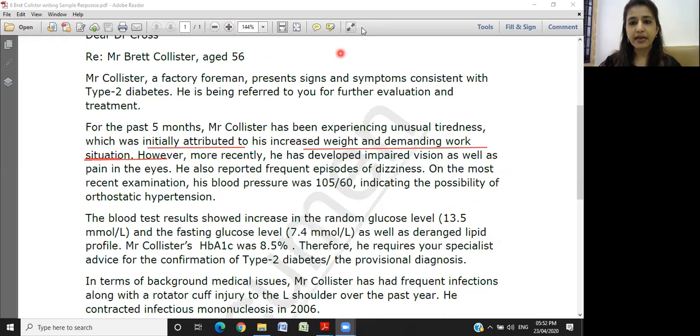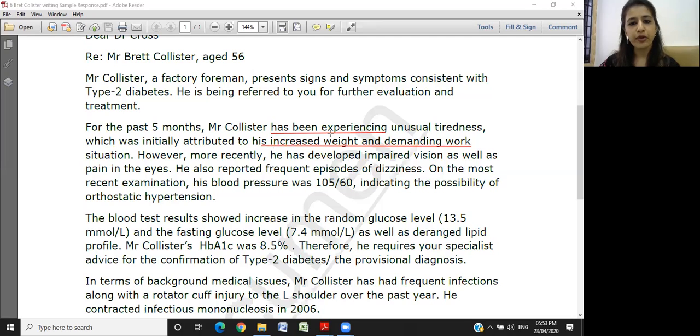Then here in the second paragraph, we are trying to give them a brief overview of how the symptoms have presented over a period of time. So the tiredness was going on for a long time. So, for the past 5 months, he has been experiencing it. So it was going on for a long period of time, so present perfect tense we have used here. Unusual tiredness, which was initially attributed to his increased weight and stress.